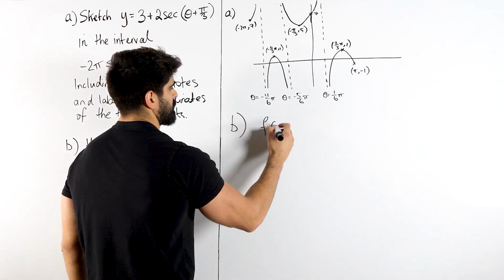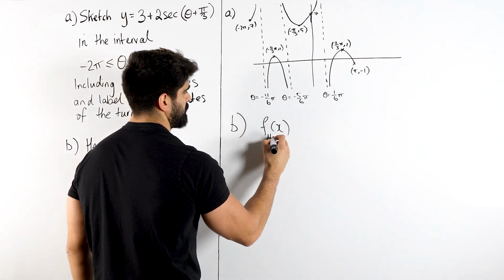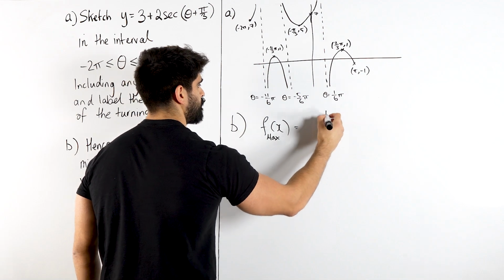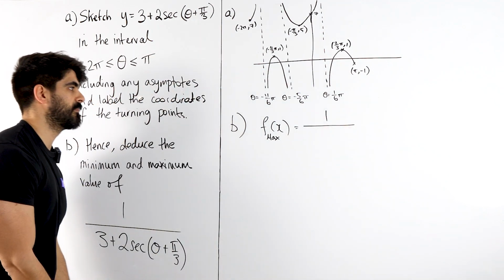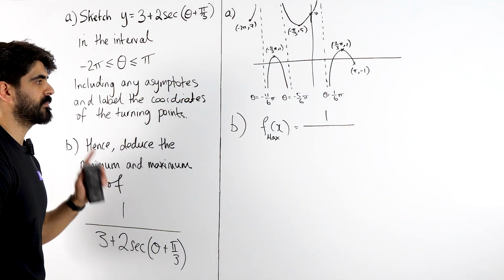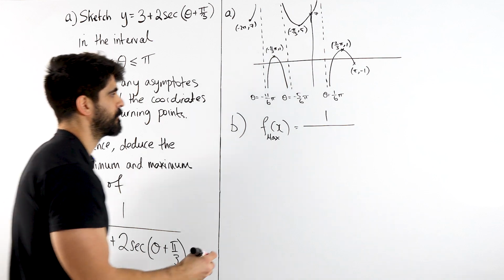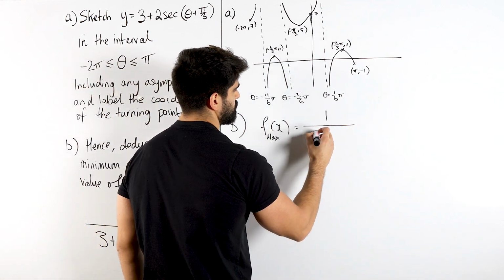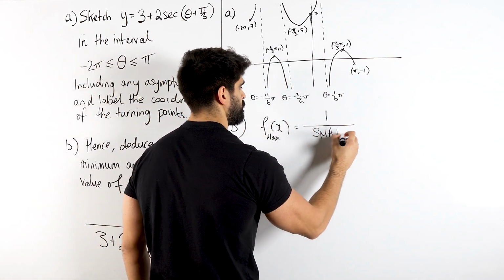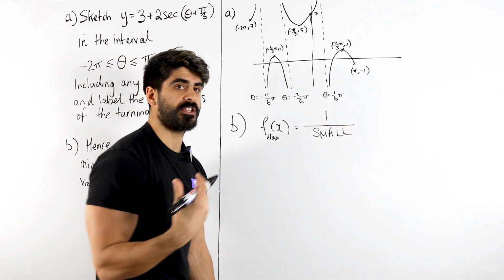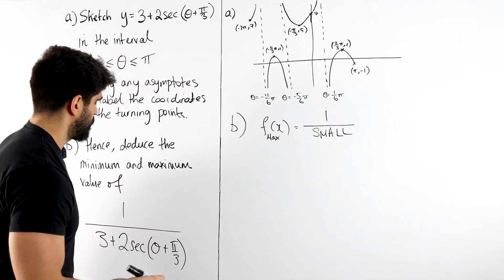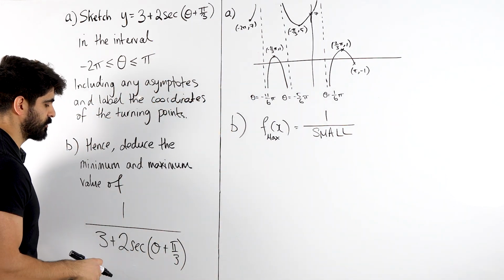I'm going to call it f of x. If you want f to be as big as possible, and you're doing 1 divided by, do you want the denominator to be as big or as small as possible? Well, 1 divided by small makes it big. So you want this to be as small as possible.